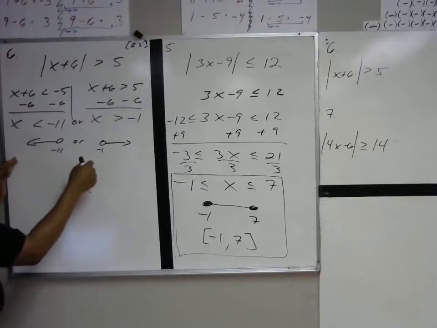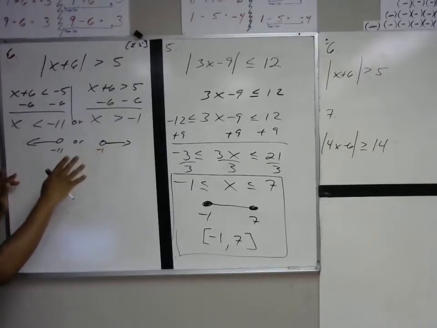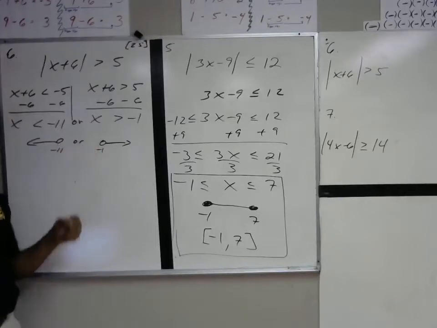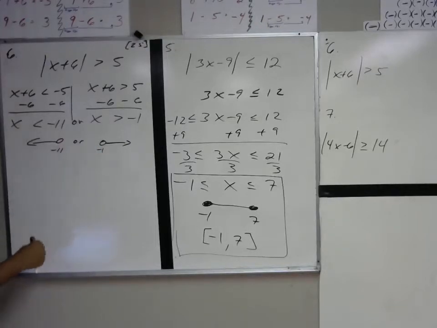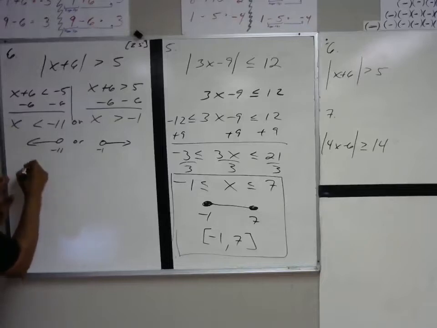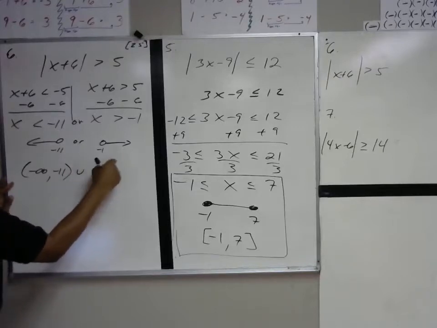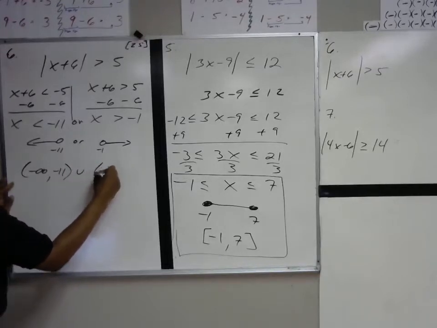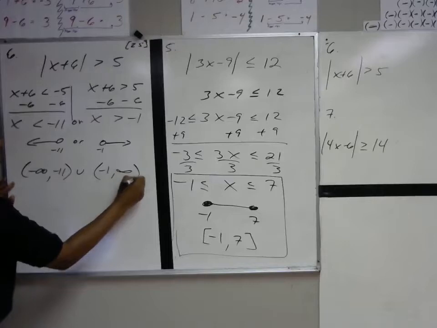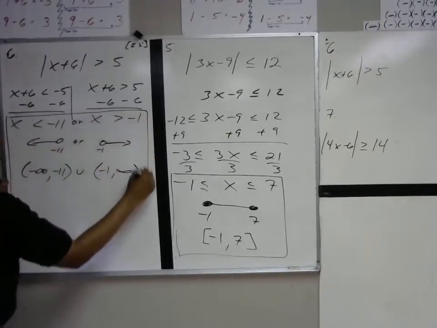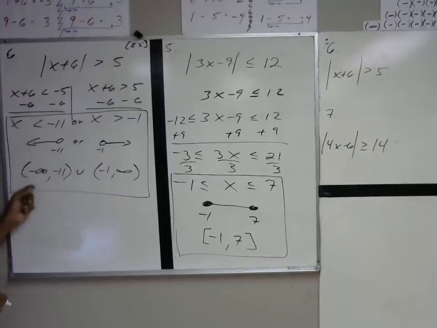It looks like the number line with a gap in it, basically. Now the interval notation will look like this: parentheses, negative infinity to -11, parentheses, union with this part right here, which is parentheses, -1 to positive infinity. Okay. So these are your three answers that I'm looking for.